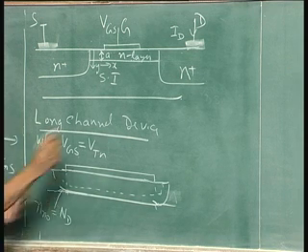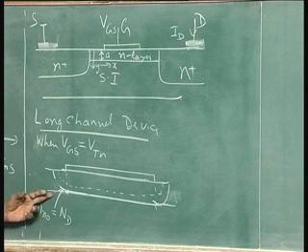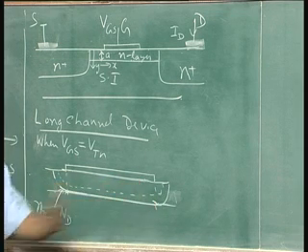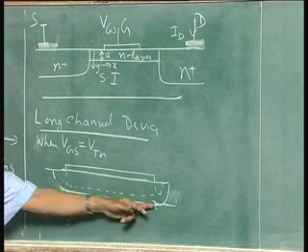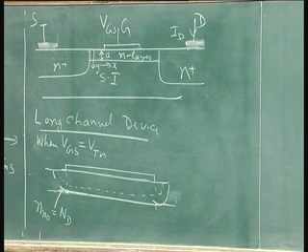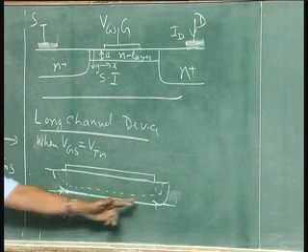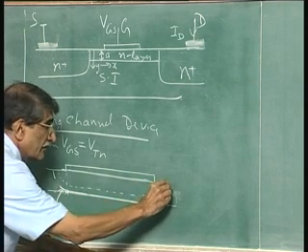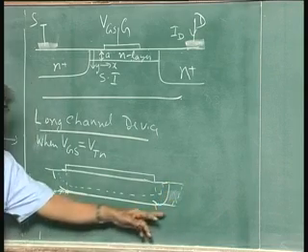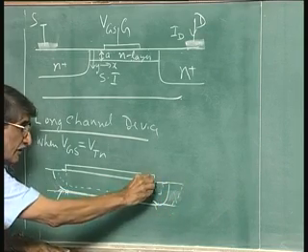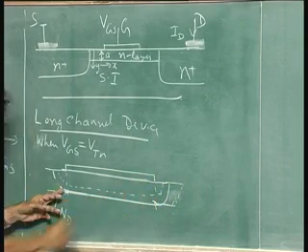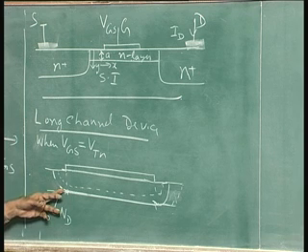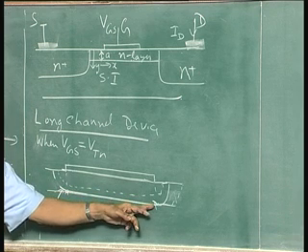But if I apply voltage here, if it is a long channel device, there is no potential variation here, because it is a one dimensional effect. If there is applied voltage, the depletion layer may move to that side, but between this point and this point there is no potential variation. Okay.